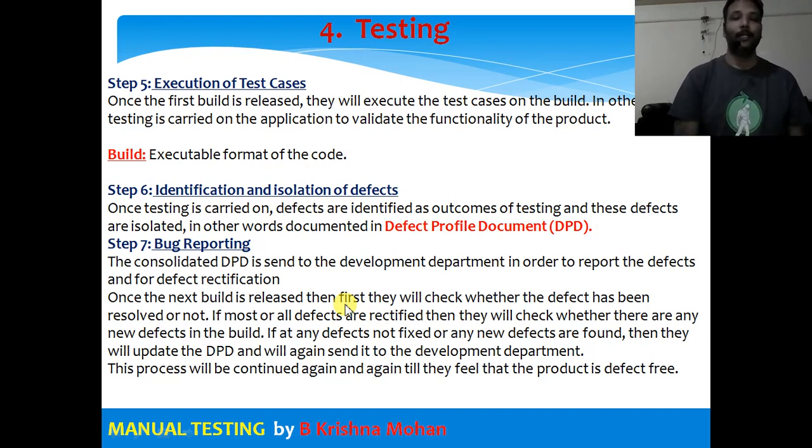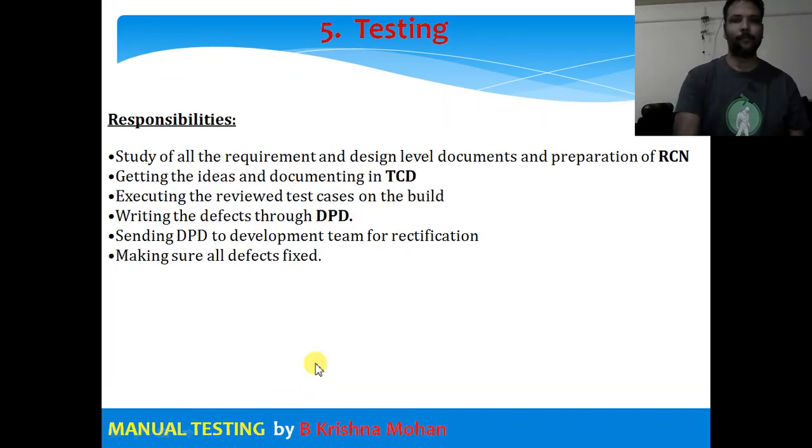Then again we will check whether the defects have been fixed or not. If it is fixed, fine; if it is not fixed, again we have to send it. That is how it goes in a cyclic, repetitive way, in iterations. This is how it goes on.